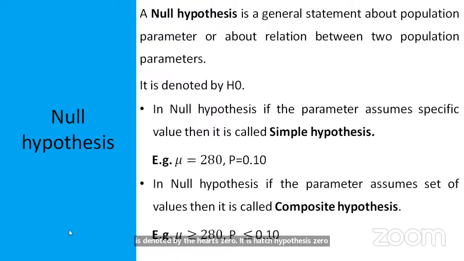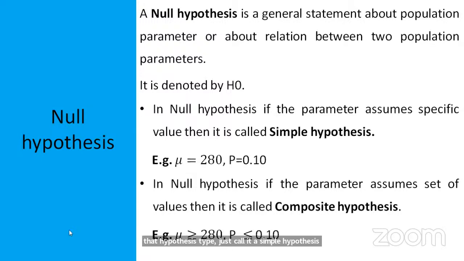If the parameter assumes a specific value, it is called a simple hypothesis. For example, the mean, that is the average value, is 280. The proportion is 0.10. This gives the exact value, so this type of null hypothesis is called a simple hypothesis.